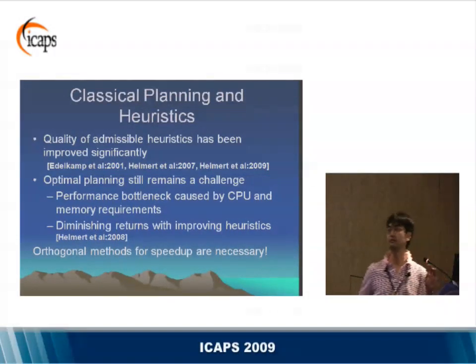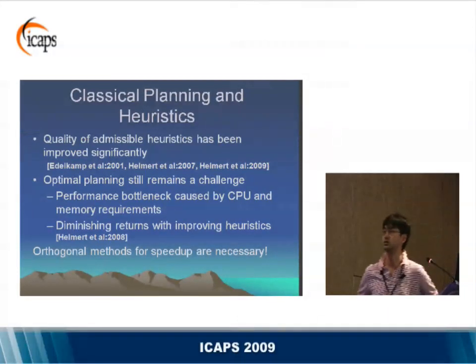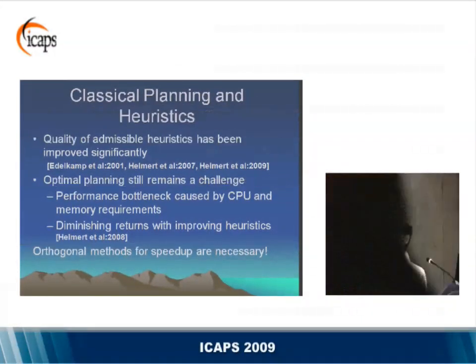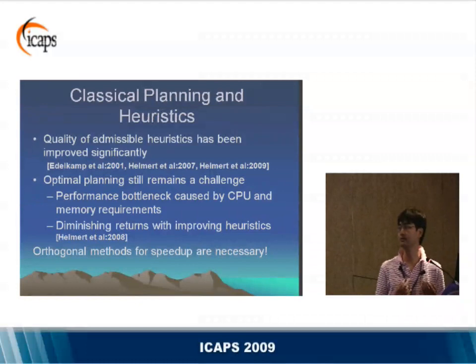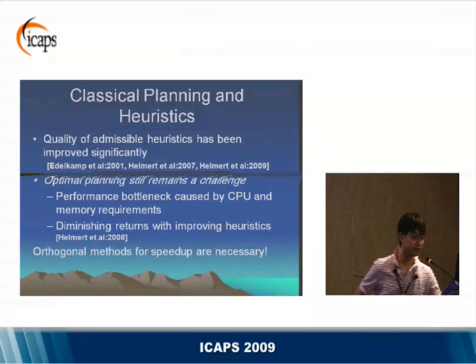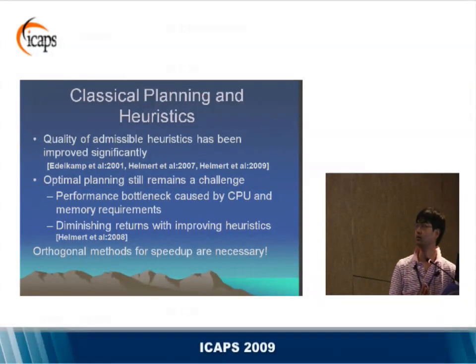One is related to the performance bottleneck caused by CPU and memory requirements, which is not enough to build a good planner. The other reason is that we observe diminishing returns even if we improve heuristics. Therefore, it is quite necessary to have a different approach in order to speed up the planning system.